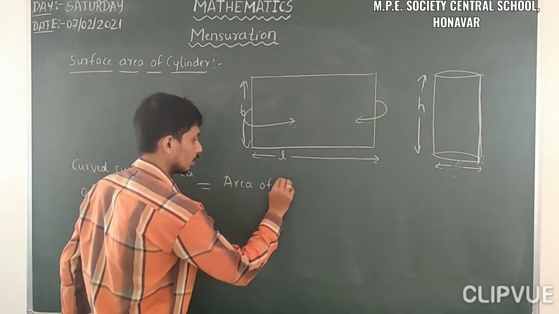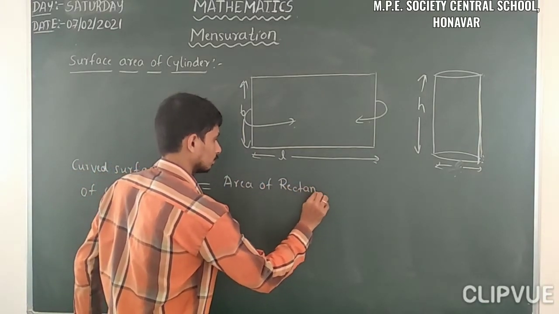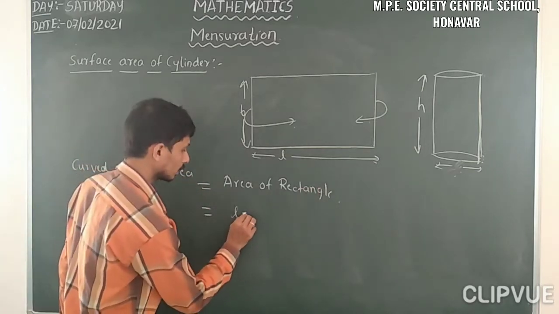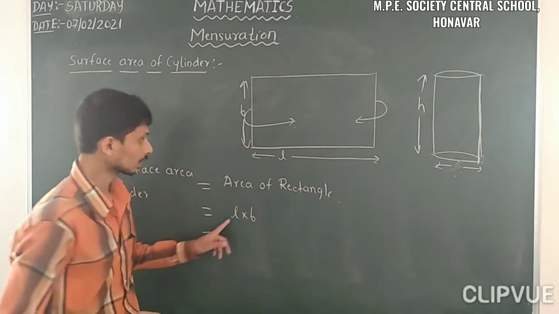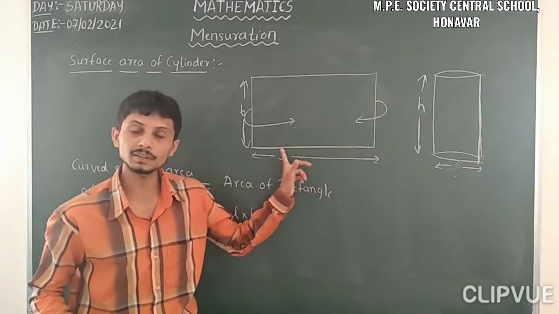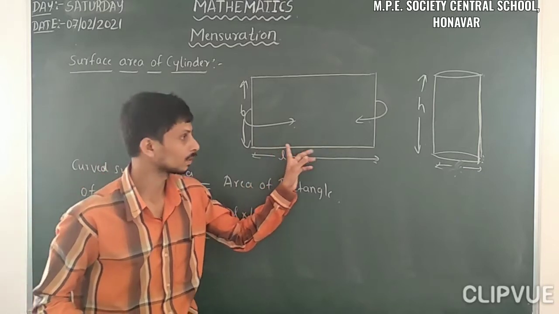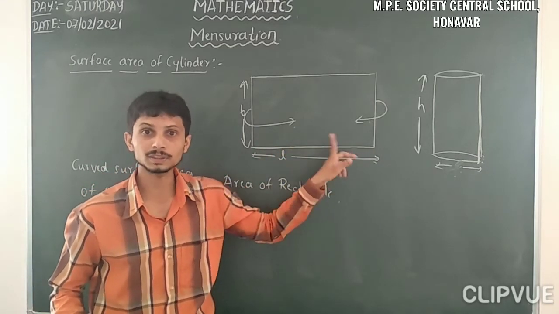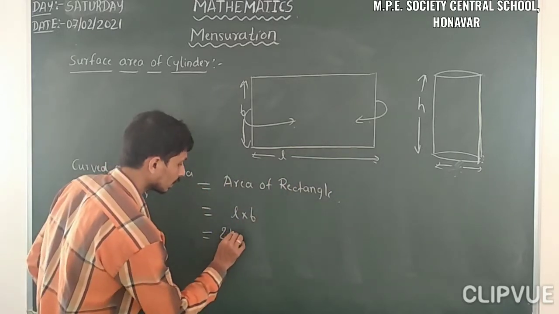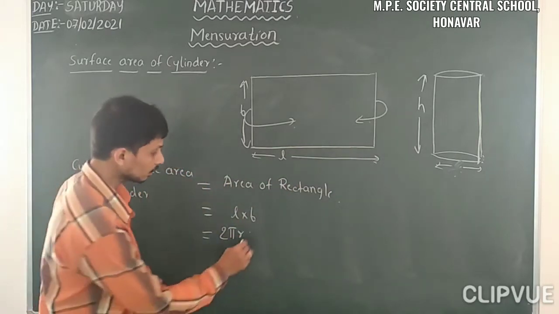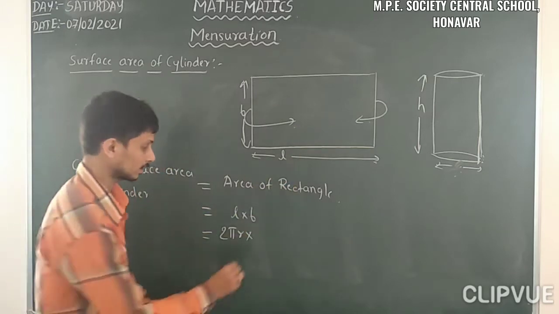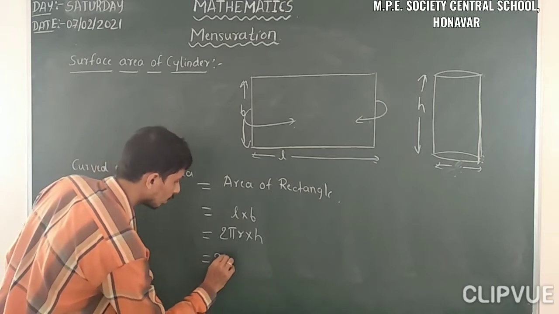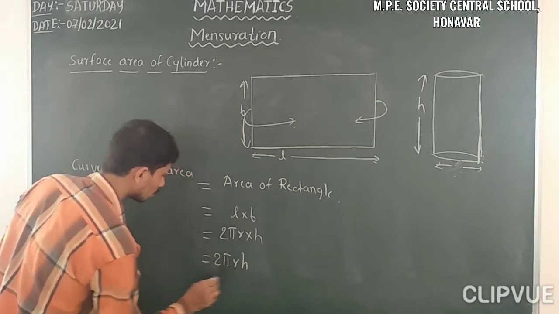Area of rectangle is L into B. Here just observe, initially we have L, and after the conversion L turns into the circumference of the circle, that is 2 pi r. So we can take 2 pi r as L, and the breadth is converted into height, h. So it is 2 pi r h. That is, the curved surface area of the cylinder is equal to 2 pi r h.